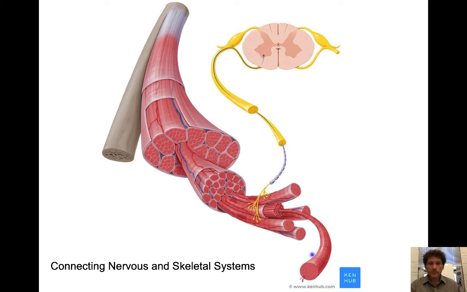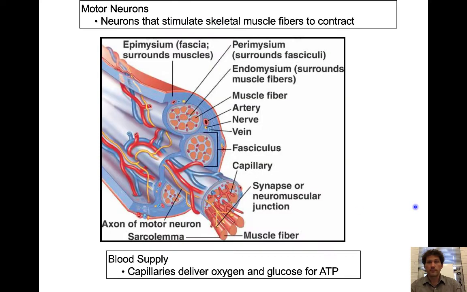All right, so that's where we're going with this unit, and we're going to find out how all of that control that we talked about coming through those different pathways, like the corticospinal pathway, is then connected to our muscle fibers and how that stimulates the contraction of those muscle fibers.